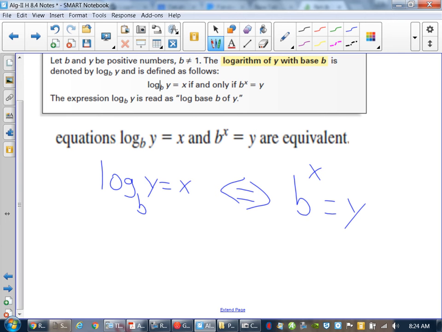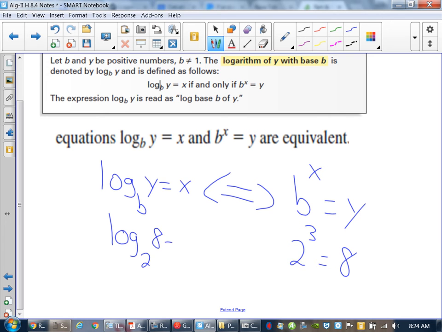So if I go back and think of the idea of 2 cubed equals 8, what that means then is that log base 2 of 8 equals 3.